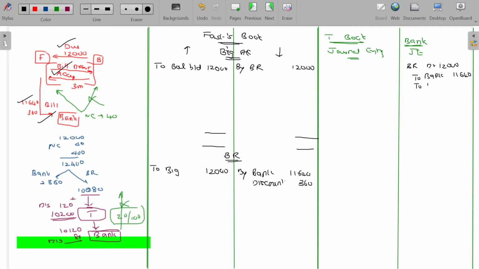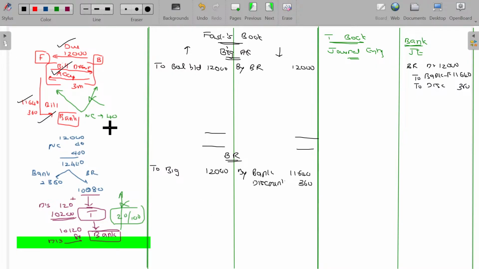The difference between these two is nothing but discount on bills purchased. That's how it is termed here. This value being 360. This is nothing but the bank account of F, or simply name this as F's account.